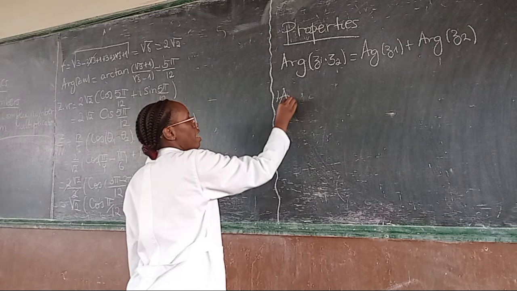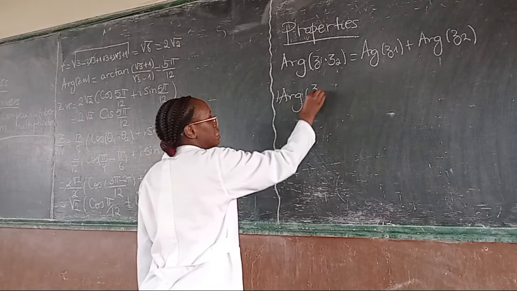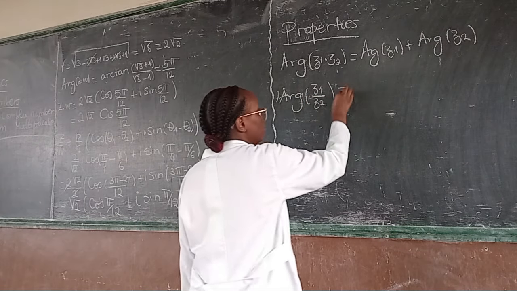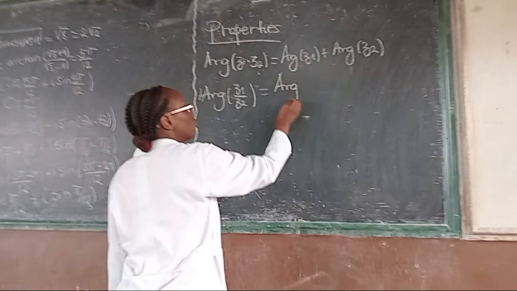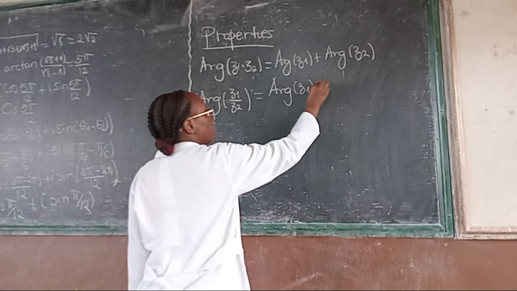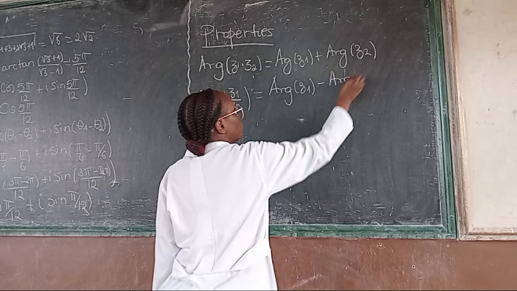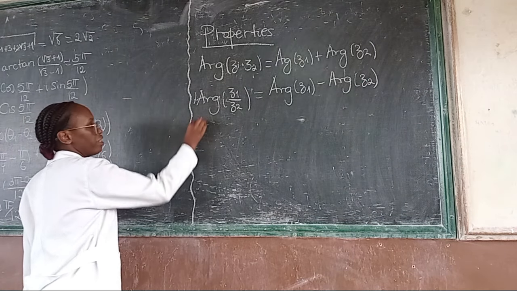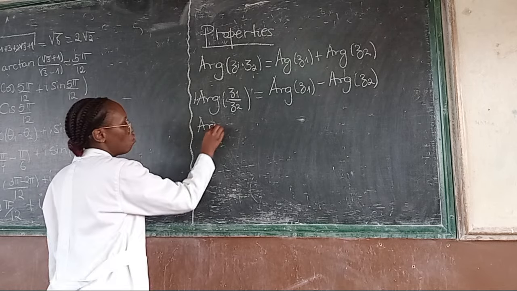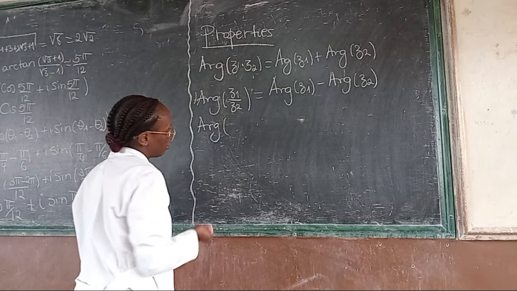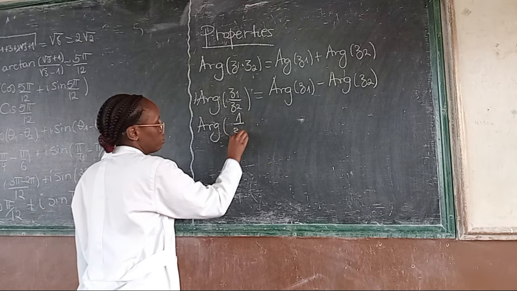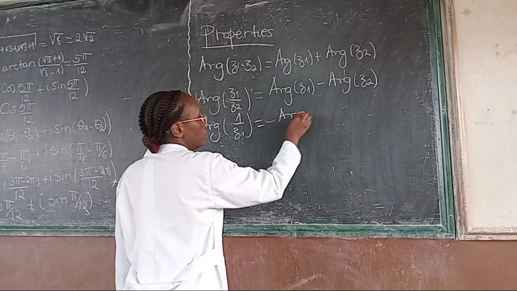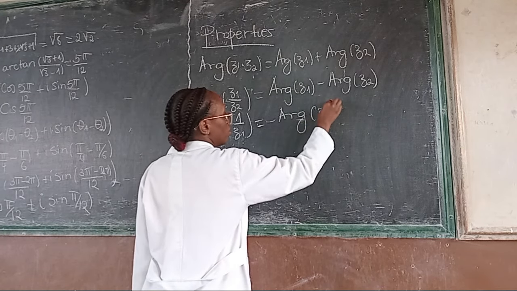If we have the argument of z1 over z2, this is the same as the argument of z1 minus the argument of z2. Also, the argument of 1 over z1 is the same as the negative argument of that complex number.